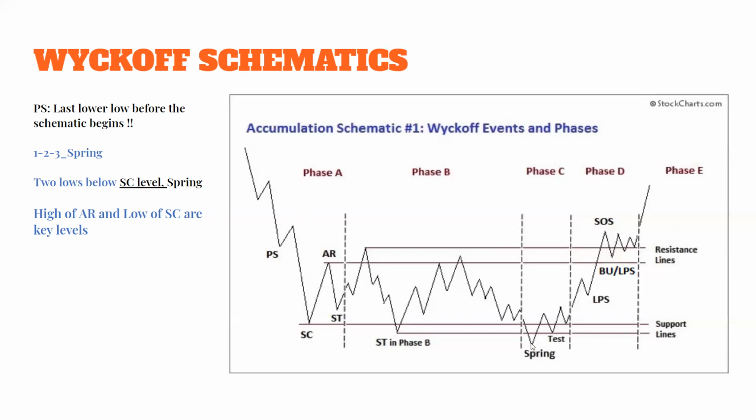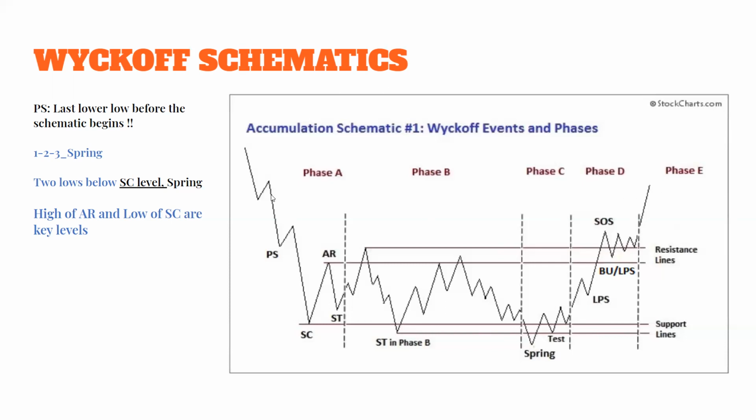And then the spring comes next, taking the 2 lows before the SC level, which is right here. So first low, second low. So the second low ideally should be the spring below your SC level, which is what we got here. And then we have test, and then LPS, and then we have the markup or expansion.